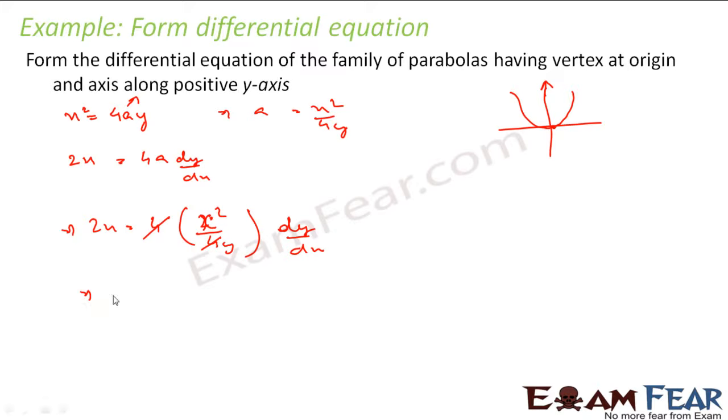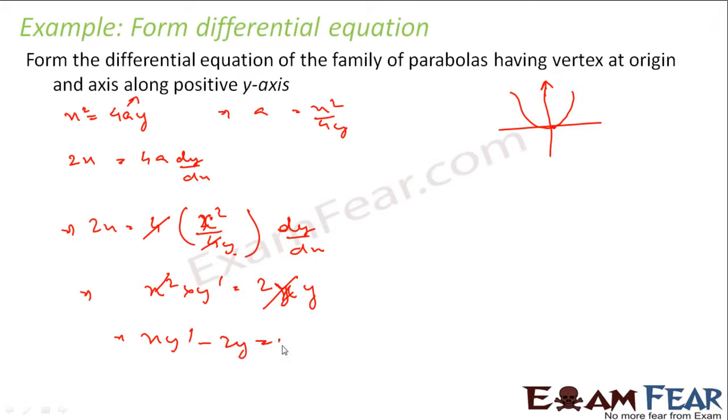So what you get is x square into y dash is equal to 2xy. X cancels. So you get xy dash minus 2y, and that is my answer.